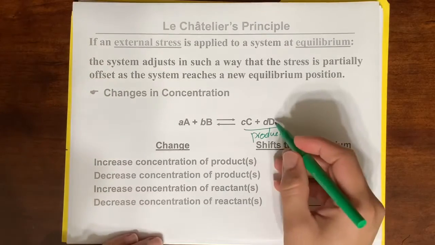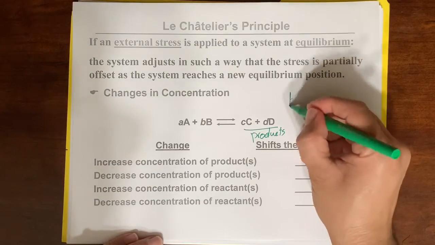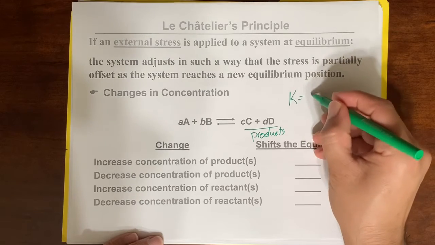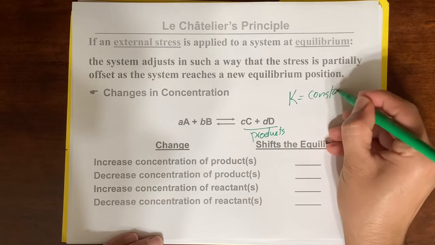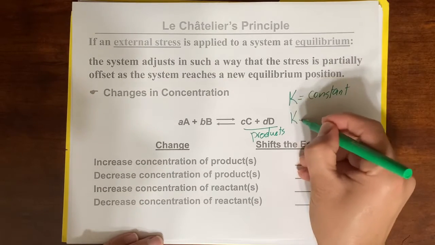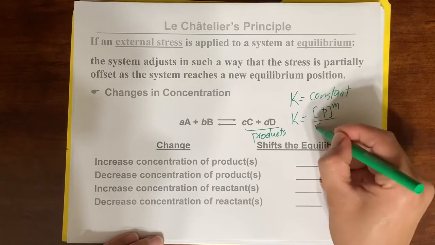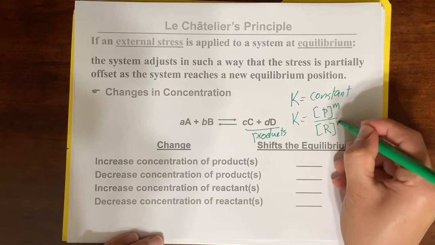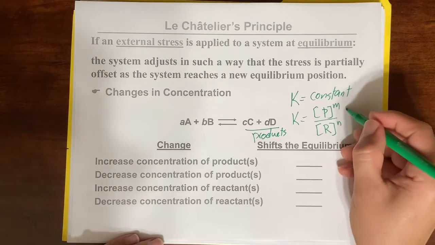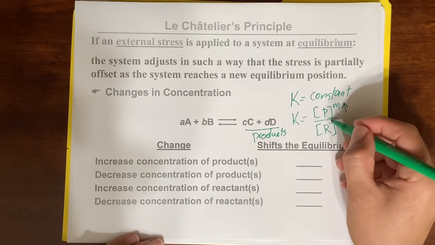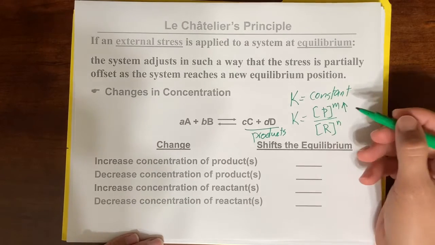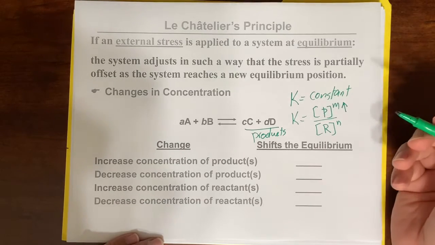And it says if you increase the concentration of product here, those are products, because you want to keep K constant, and K is equal to the concentration of product over reactant. If this one goes up, K is not going to be constant.